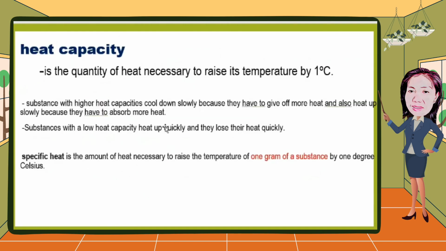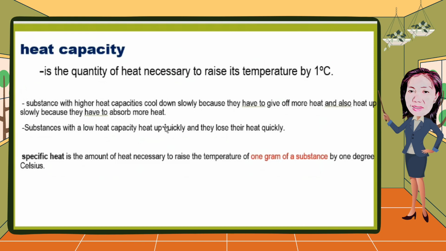Okay, how about heat capacity? What is heat capacity? Heat capacity is the quantity of heat necessary to raise its temperature by 1 degree Celsius. So, a substance with higher heat capacity cools down slowly because it has to give off more heat, and also heats up slowly because it has to absorb more heat.